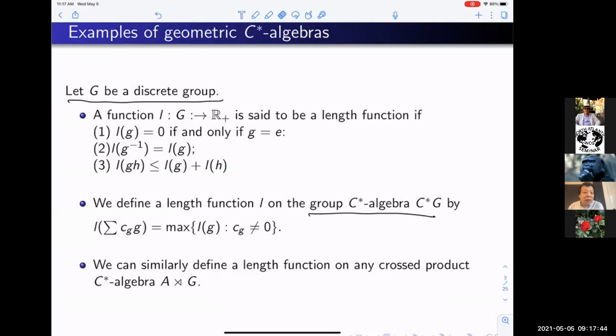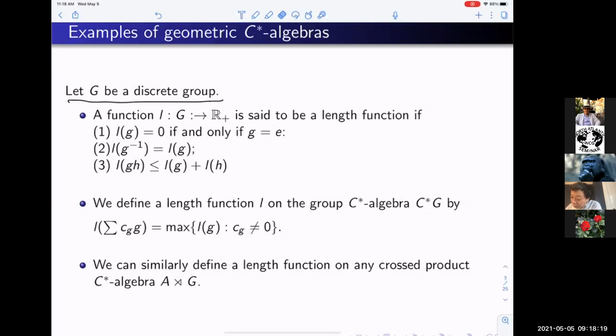If it's finitely generated, you can have a word length, and if it's a countable discrete group, then there's always a so-called proper length function. For proper length functions, they are all kind of equivalent in some way. So this geometric structure, in some sense, is intrinsic. You can have many different length functions, but they are all equivalent to each other.